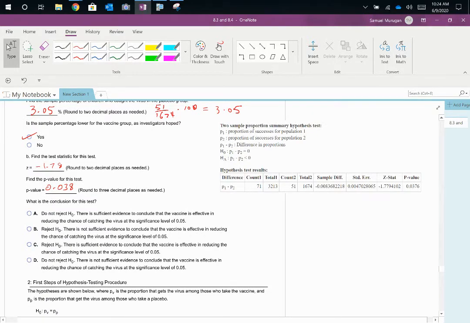Okay, I want to make sure that we know how to do this with the TI-84 calculator as well. So open up your calculator, and I'm going to walk you through the steps of how to do this with the calculator.